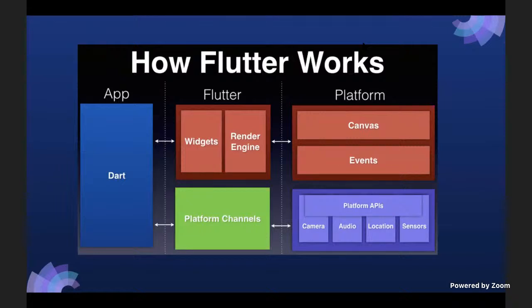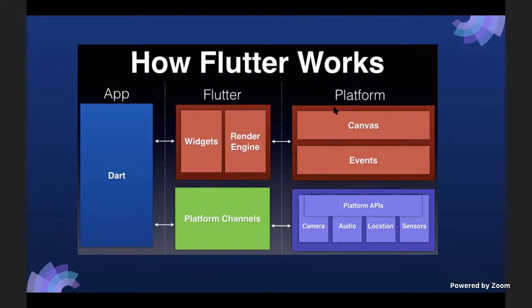Now, to be able to access these things from Flutter, which is not allowed to directly communicate with APIs because Android is not built on top of that. All right. So you cannot communicate directly with the API. So what's the solution?